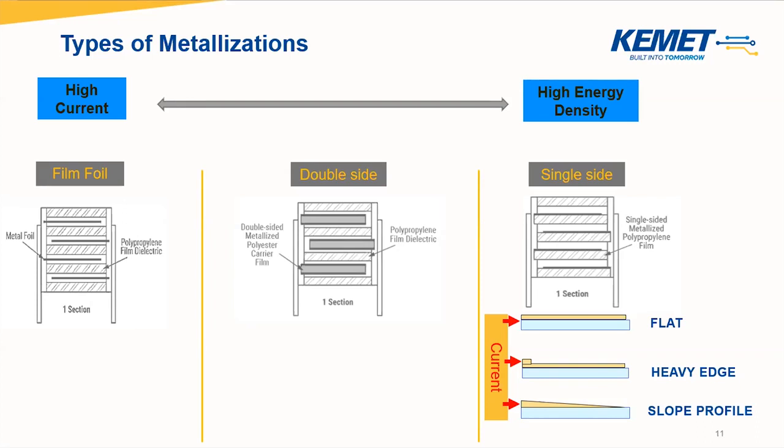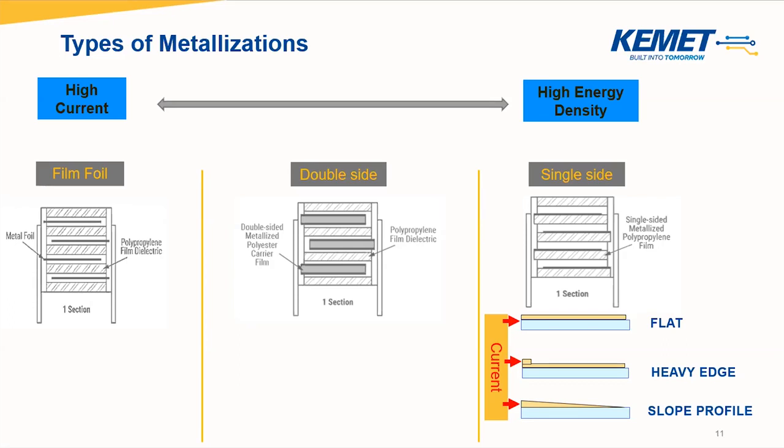In this case, with this construction, we can really improve the characteristics of the capacitor in terms of dV/dt, peak current, and also RMS current in the application. Of course, in this case, we will have to manage the self-healing carefully, so we will have to reduce the volt per micron applied to the series.